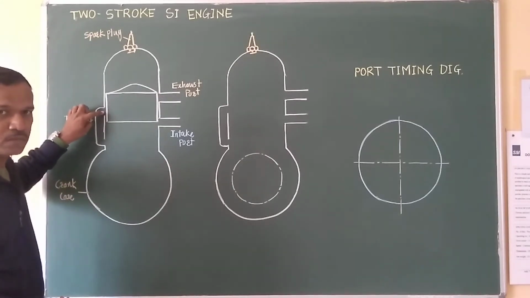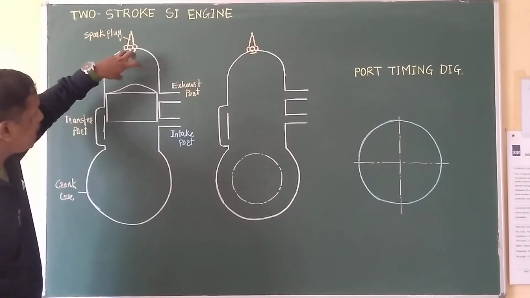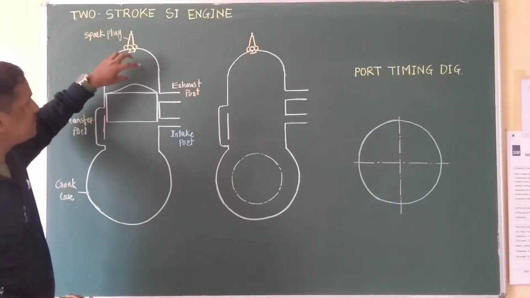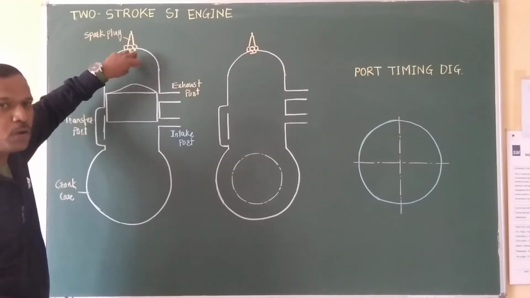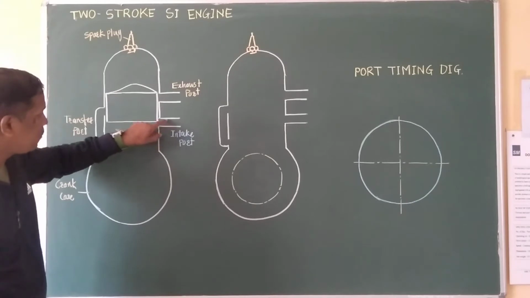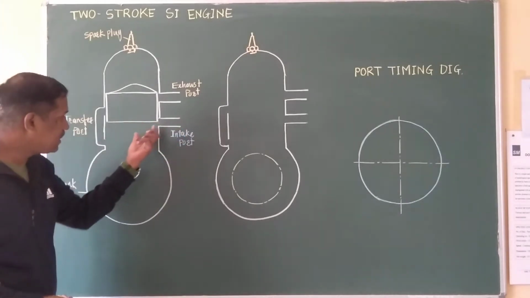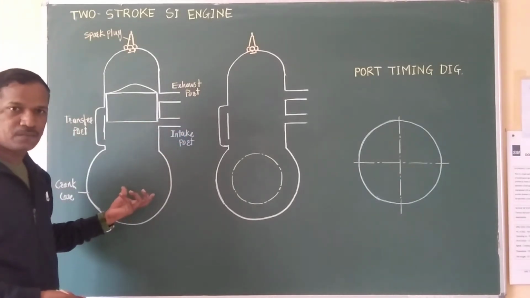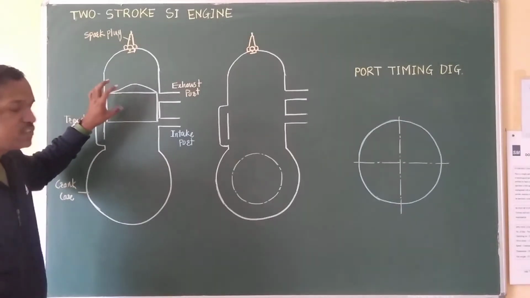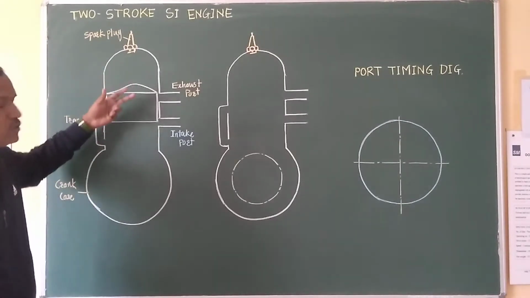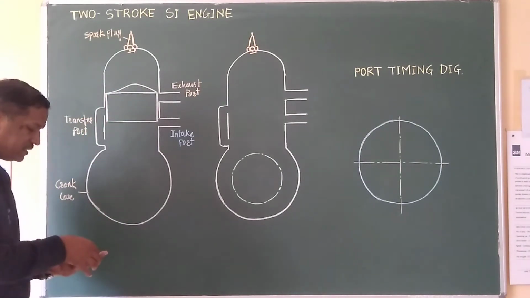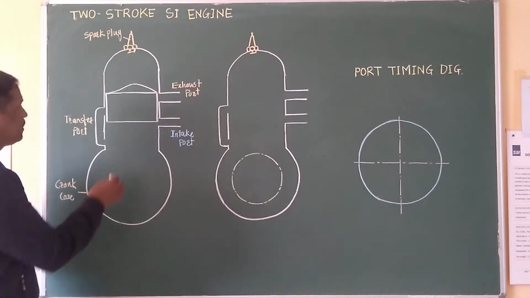Now in this piston position, it will open the intake port, close the exhaust port, and close the transfer port. So whatever charge is entrapped here will get compressed on further movement of the piston. So the compression operation will be there, and on the bottom side suction of fresh charge will be there.